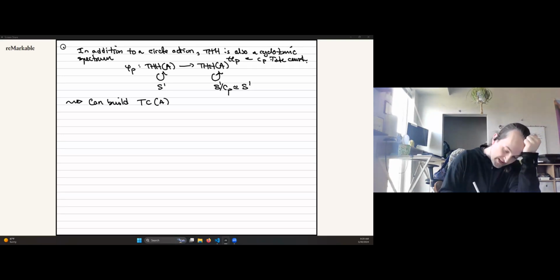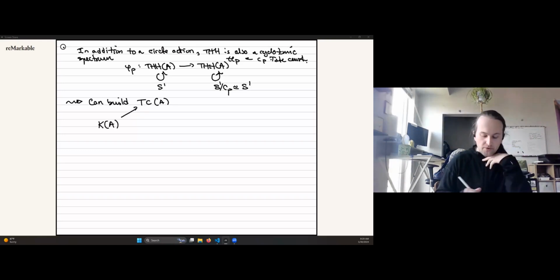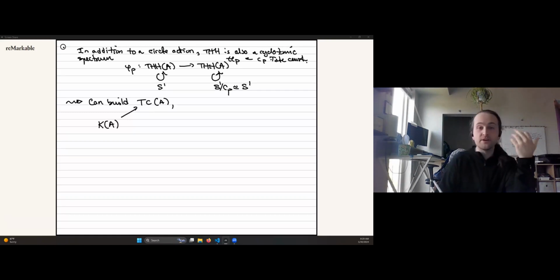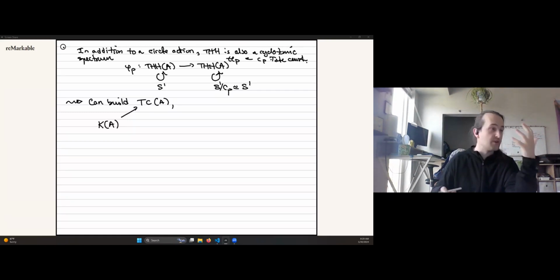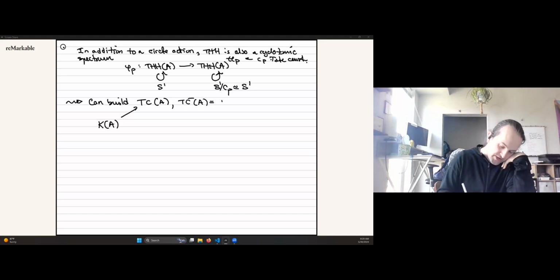And this is a much better approximation to algebraic K-theory than THH is. There are also a bunch of other cool theories that we can associate to the topological Hochschild homology of a ring spectrum. We get this TC^-, which is just THH of A, homotopy fixed points with respect to S^1. We have TP of A, which is THH of A, Tate S^1.